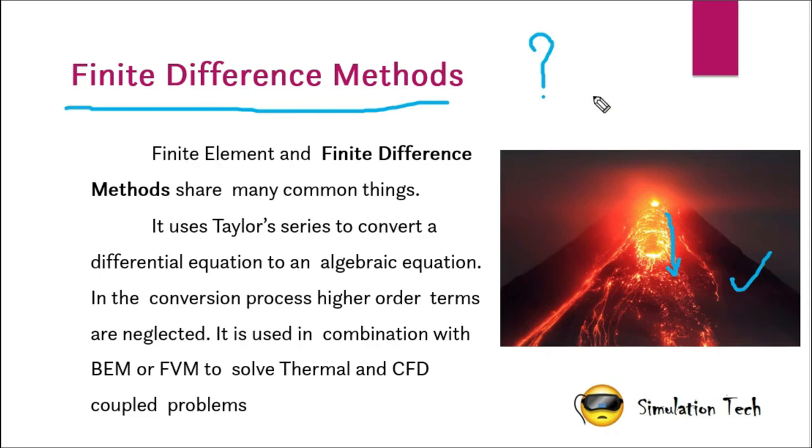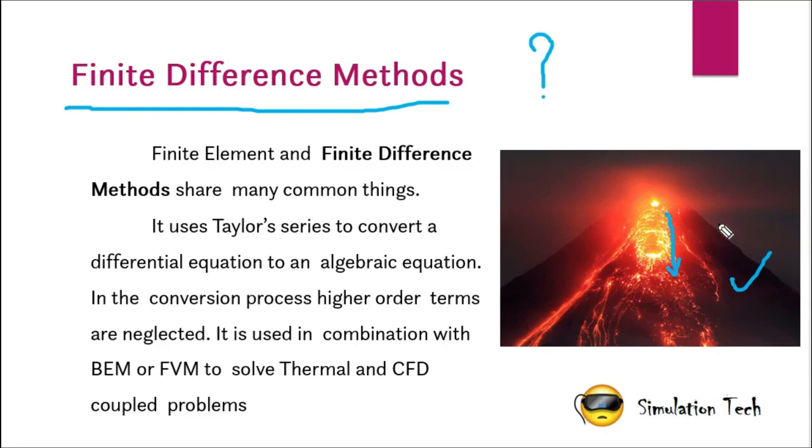Whenever I have a problem which is related to vibration, harshness, noise, as well as flow and different phase analysis, which method should I use? Should I use the boundary element method or the finite volume method? I need both of them. In that case, we can use the finite difference method.